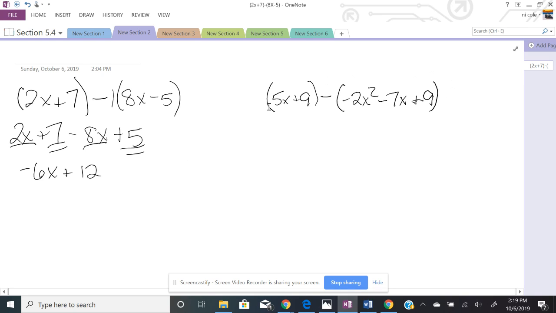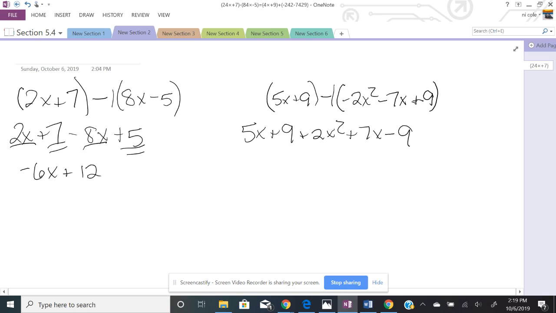All right, let's look at the second example. I can bring out the 5x plus 9. Okay, remember this is a distribution. Negative 1 times negative 2x squared gives me a plus 2x squared. Negative 1 times 7x gives me plus 7x. And negative 1 times plus 9 gives me a minus 9.